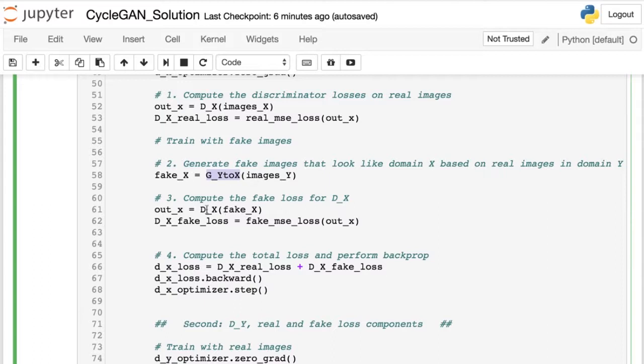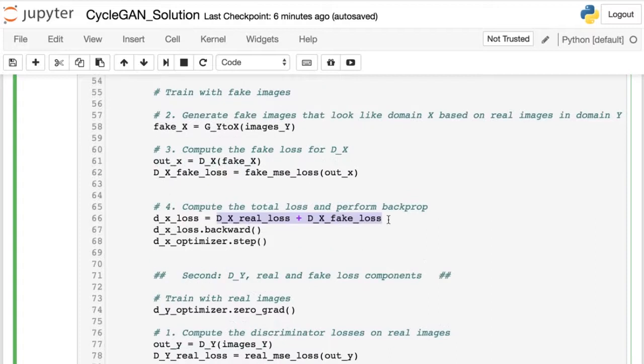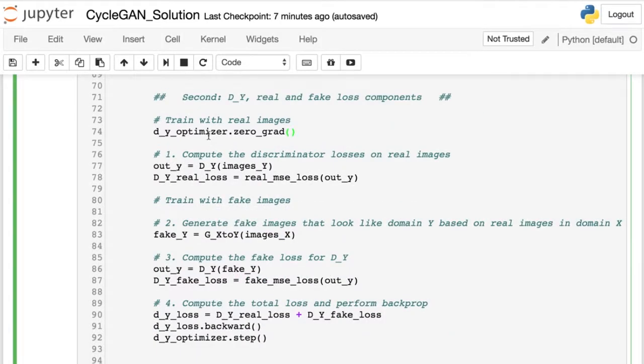Then I'm passing those into my dx discriminator and calculating the fake MSE loss. Finally, I add the real and fake terms up and perform backpropagation and optimization using my dx optimizer. The next few steps are doing the exact same thing, only for dy and the dy optimizer. First, I'm training it on real images and then on fake images, adding those up and performing backpropagation.